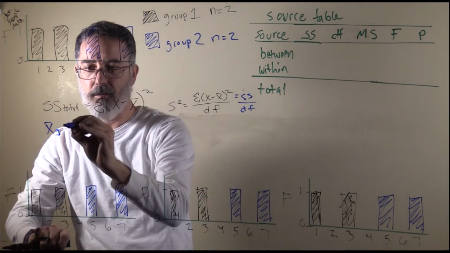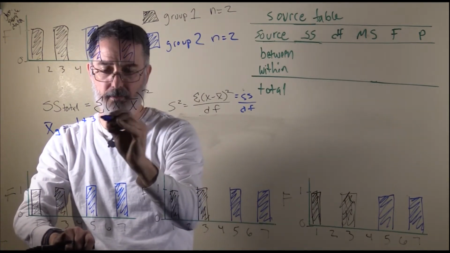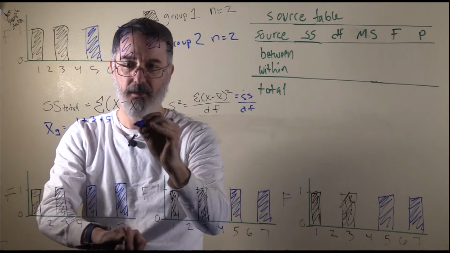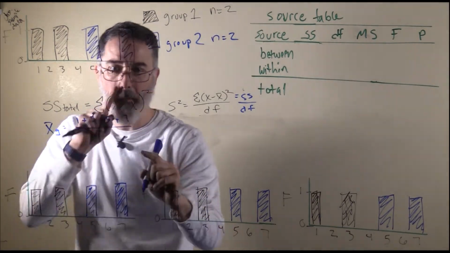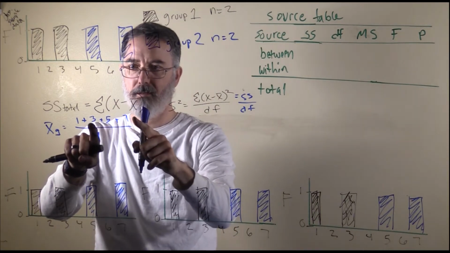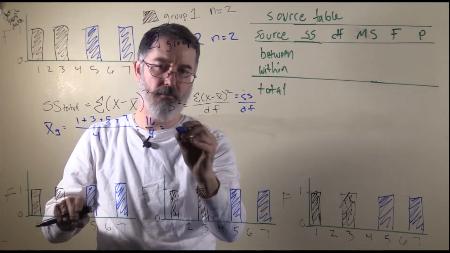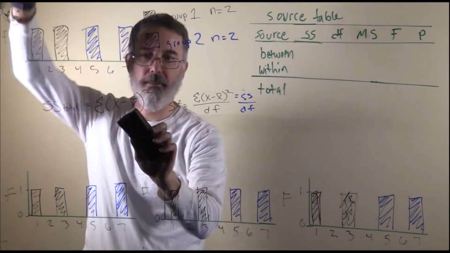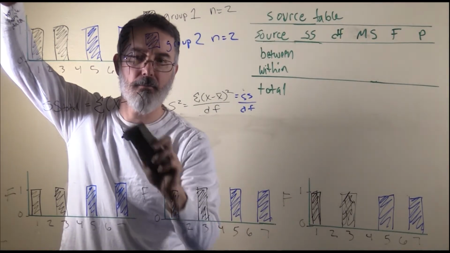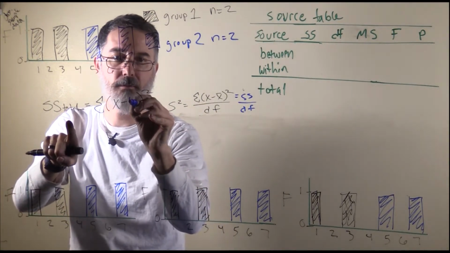So we have a 1 plus a 3 plus a 5 plus a 7, and there's 1, 2, 3, 4 points. So this is 16 divided by 4 equals 4. All right, so our grand mean is going to equal 4. So I can put that grand mean right into our formula here, because that'll be the same for our sums of squares total.